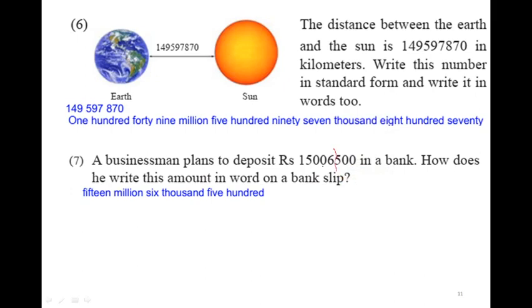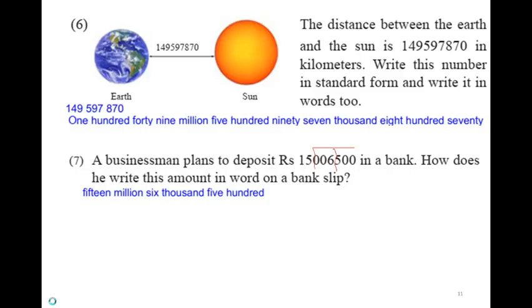Here we have units, and then we have thousands, and then millions. So it is easy: 15,006,500.